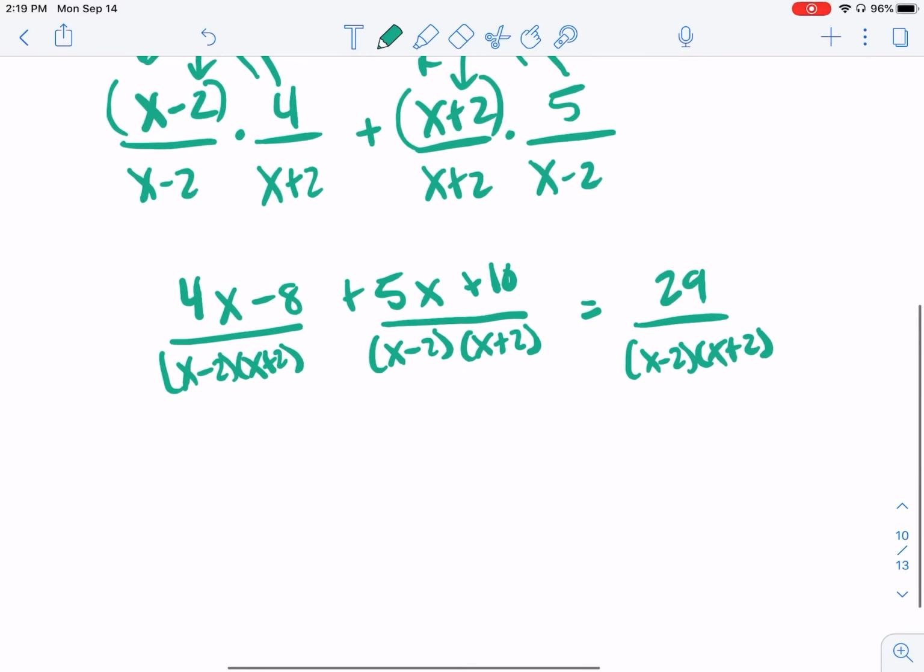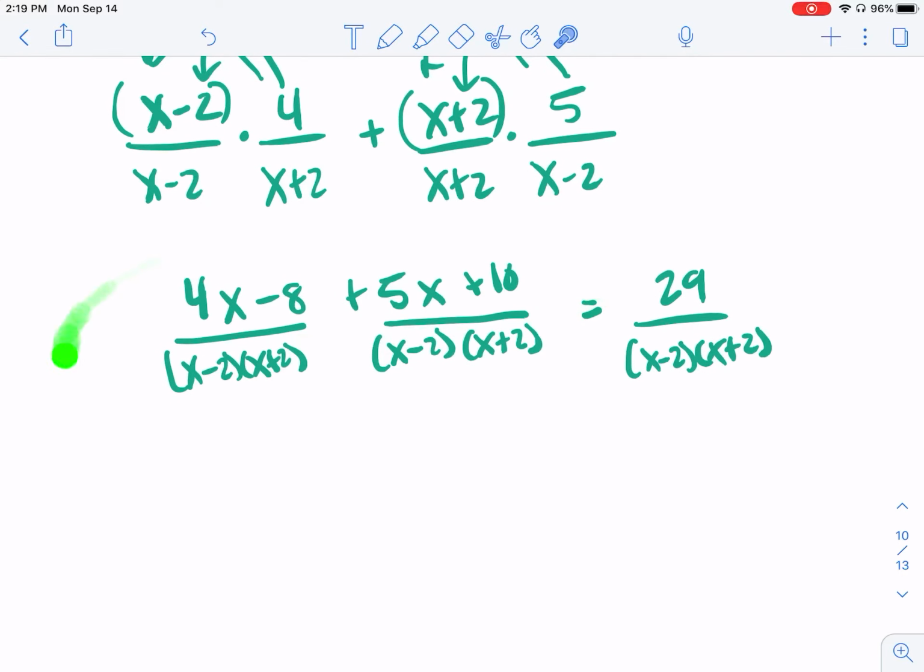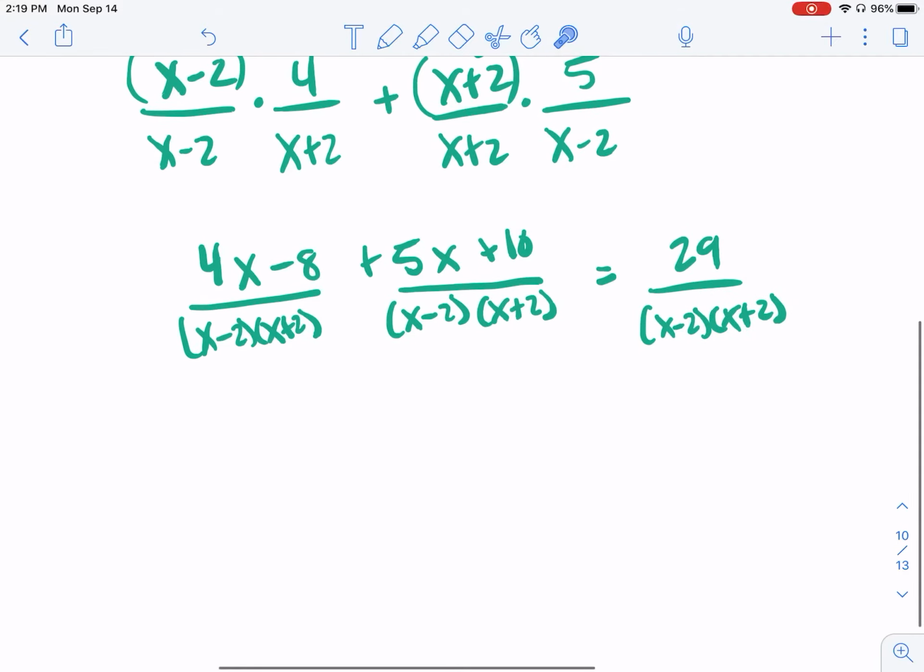Well, this one was really, really cool because when I got ready for my addition and I gave these a common denominator, notice that it became (x minus 2)(x plus 2). That was actually the common denominator on the other side. And because it's the common denominator of all of it, I'm actually ready to go into that solving stage, which is just setting the numerators equal to each other.